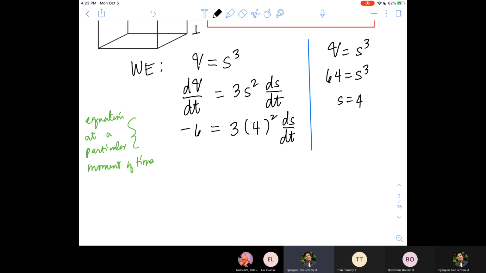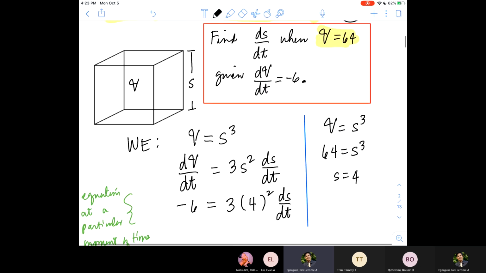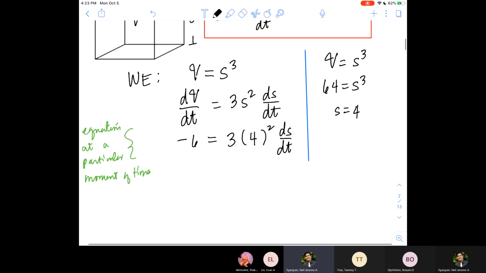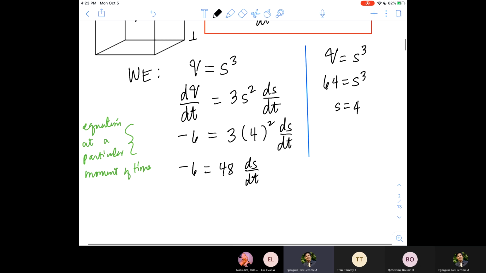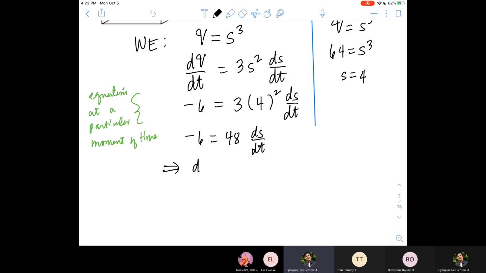And what's left to be done is to carry out the arithmetic or the algebra to find the unknown quantity. Remember, the unknown quantity here is ds over dt. So I'll just perform the arithmetic. So this would be -6 times 3 times 16. So that's going to be 48 ds over dt. And then I'm solving for ds over dt. That is equal to -6 over 48, or that's -1 over 8.